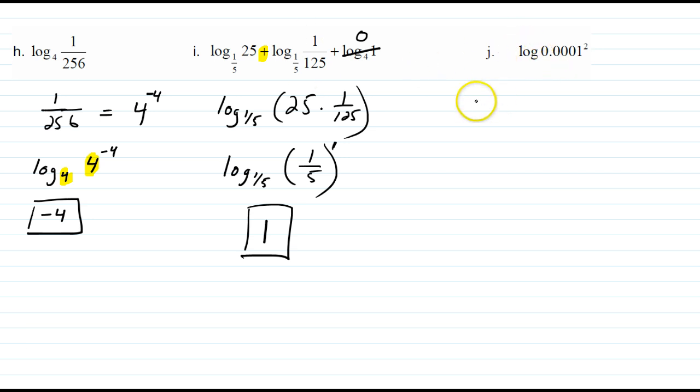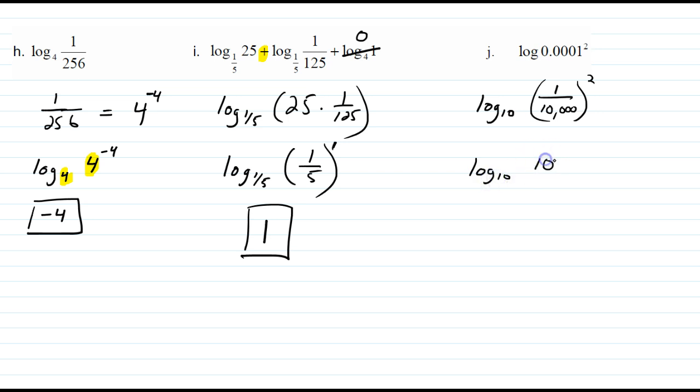And so we have no base written, so it's base 10. So log base 10. And so what we want to do here is rewrite this. So this is tenths, hundredths, thousandths, ten-thousandths. So that's really 1 over 10,000 with an exponent of 2. And so we want it to be a base of 10.